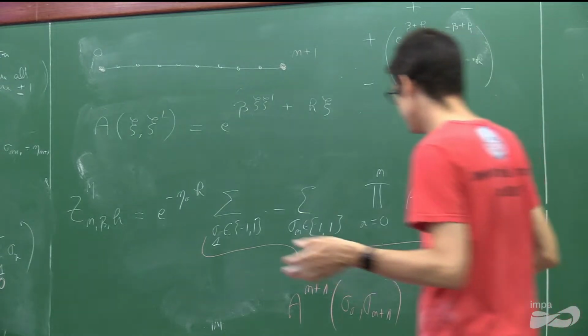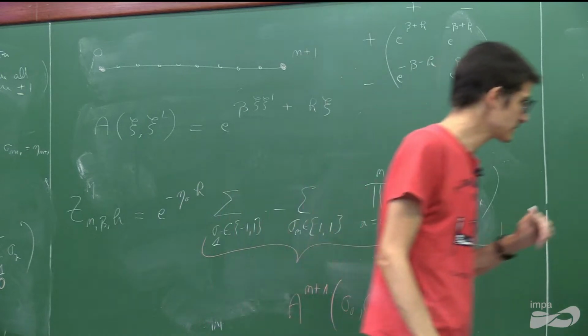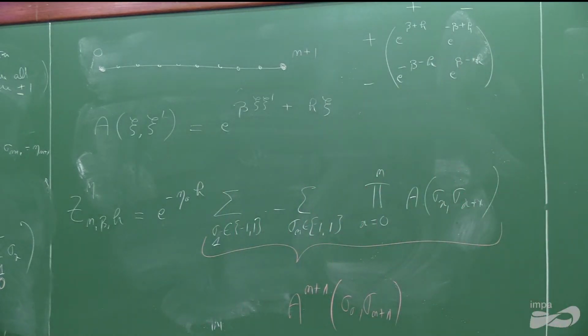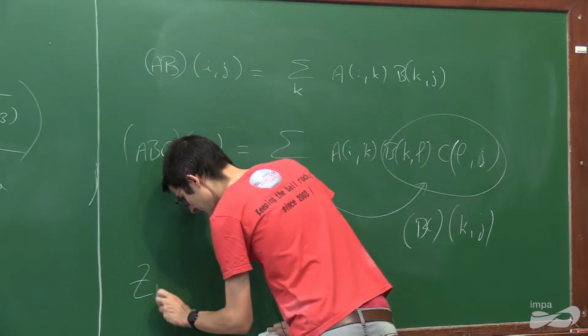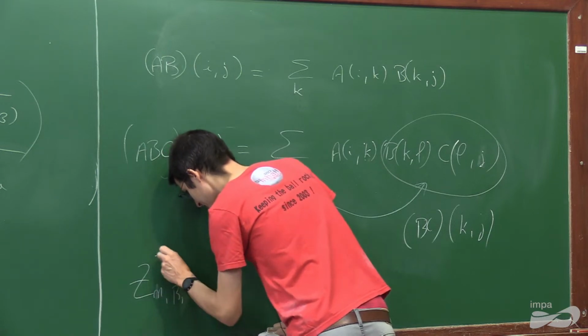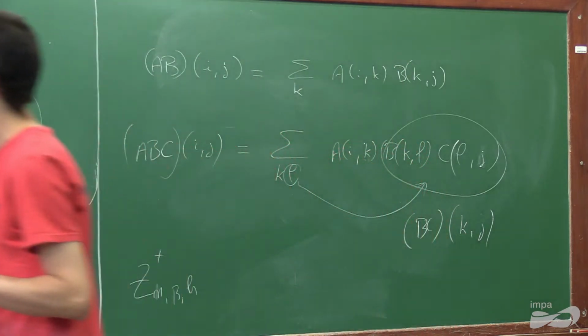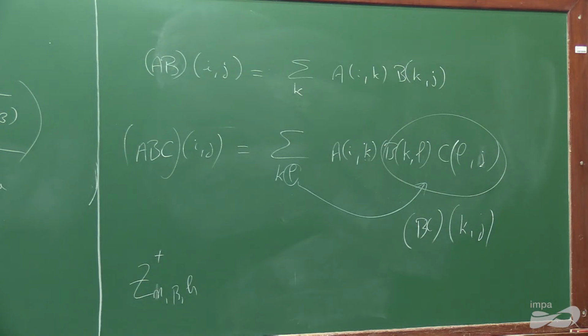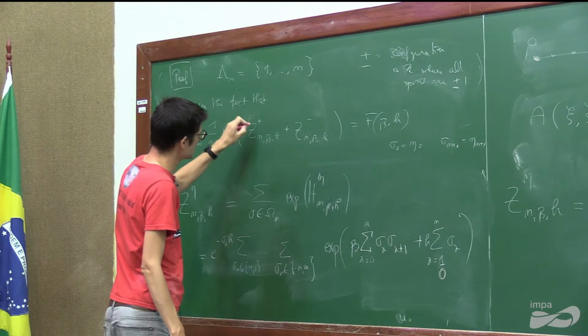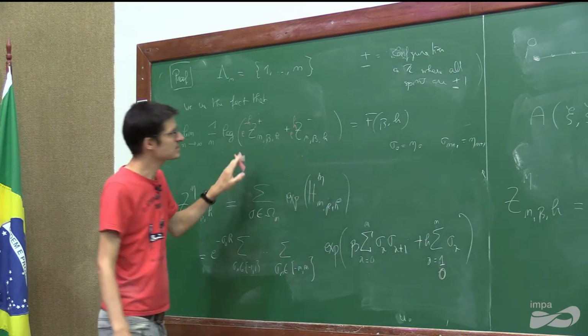Okay, so in particular, what I have is that Z n beta h plus, okay. I'm not going to use this. In fact, I'm going to use the fact that exponential minus h, exponential.